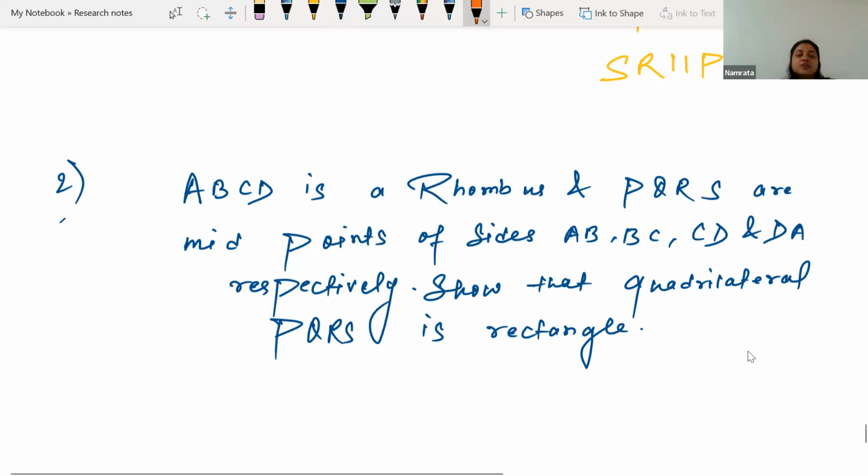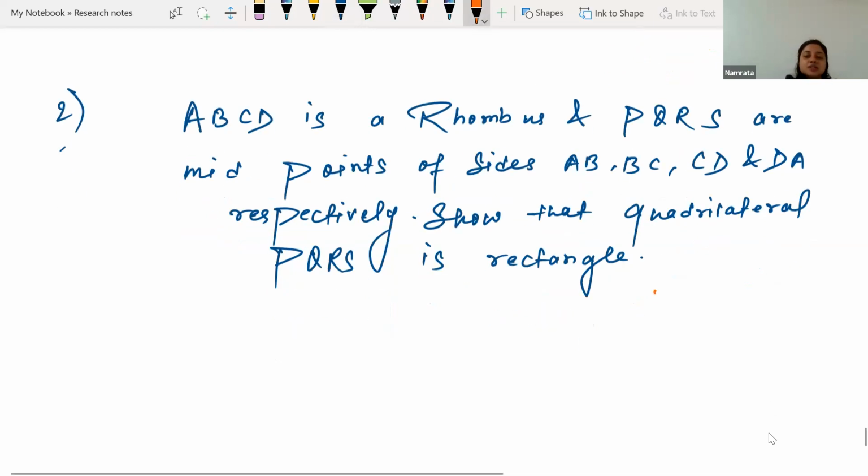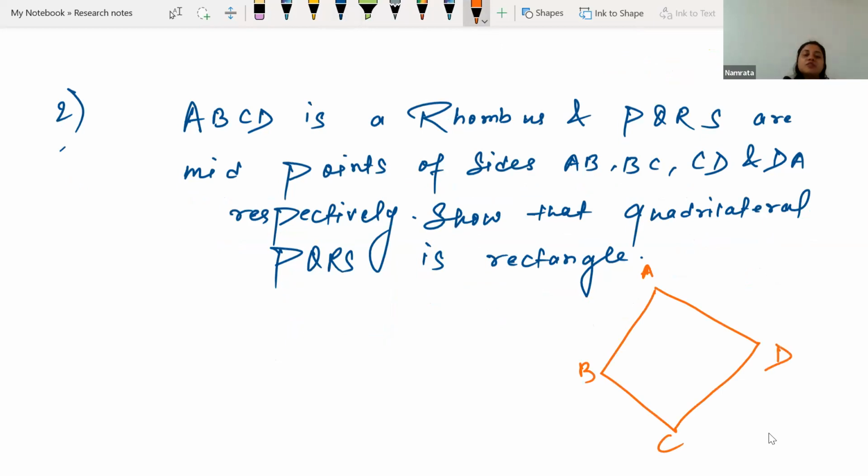Let's draw the figure first. ABCD is a rhombus. Let's draw a rhombus: A, B, C, D. What is the property of a rhombus? AB, BC, CD, DA will all be of the same length. What else is a property of a rhombus?